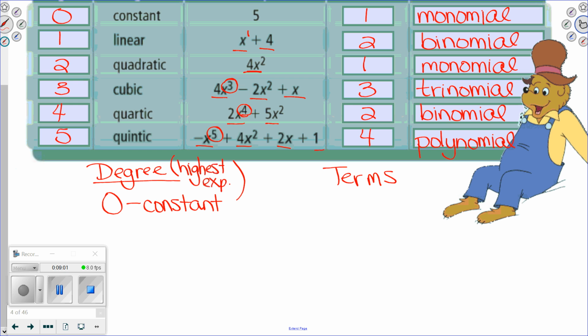Constant. You will have to know these terms, okay? Every time I ask you for degree, I don't want the number 4. I want quartic. I want quadratic. I want those fancy names. You have to use them. All right, a degree of 1 is linear. A degree of 2, quadratic. Kills me when people miss that one. Like, man, our whole chapter 4 was quadratics. Degree of 3, cubic.